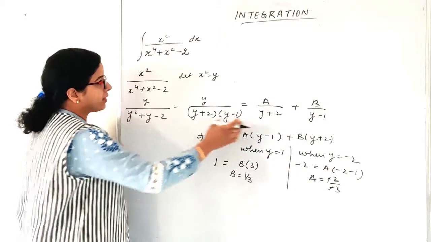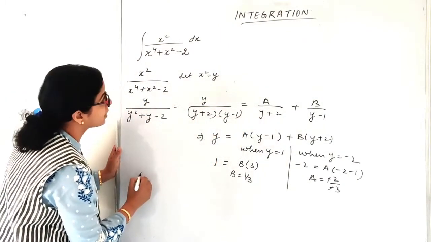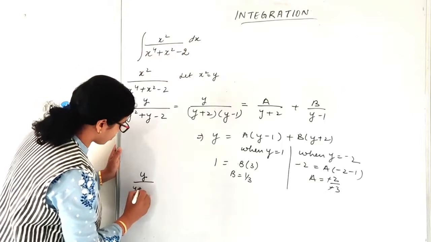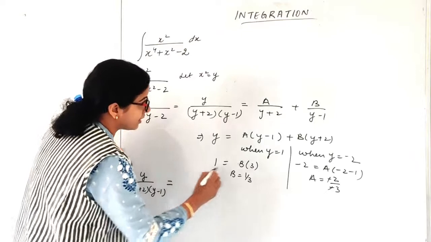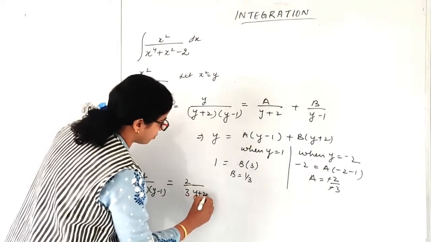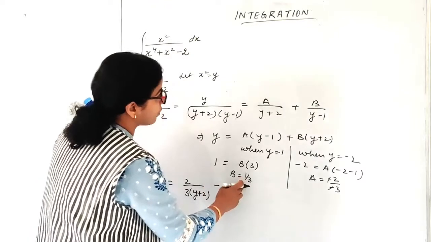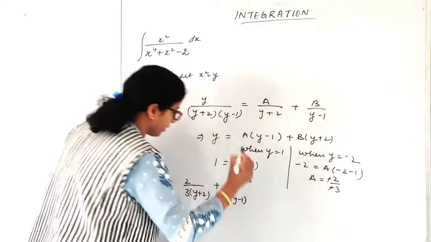Now I can rewrite this part, right? So it means I can write y upon (y plus 2)(y minus 1) as, what is the value of a? 2 by 3, y plus 2, and what is the value of b? 1 by 3, y minus 1, right?